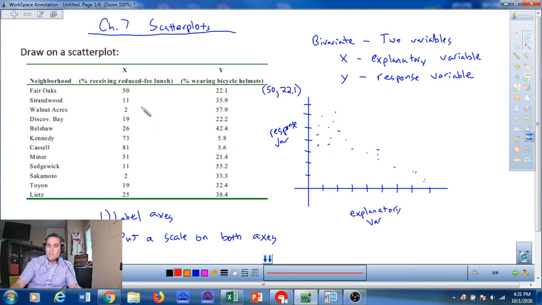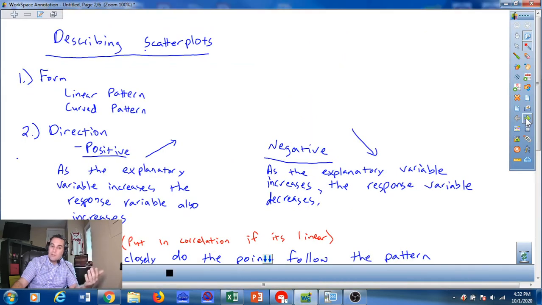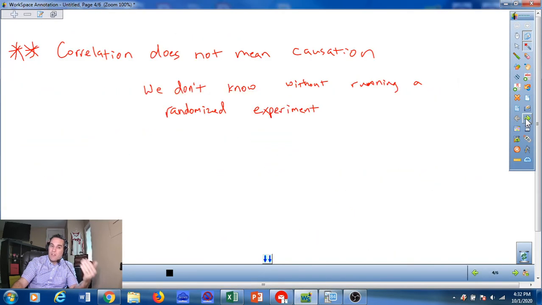So there's no way for me to figure out if this causes this. There's a relationship going on, but there's probably a relationship because of some other variables that affect both of these. So those are called confounding variables. We don't know. But the moral of the story is correlation does not mean causation.